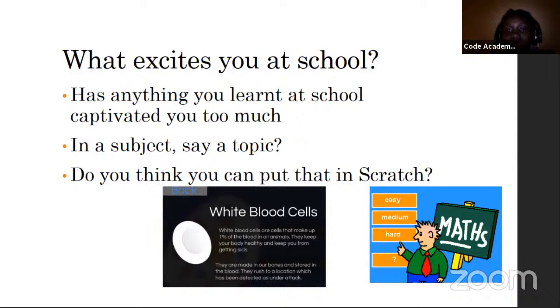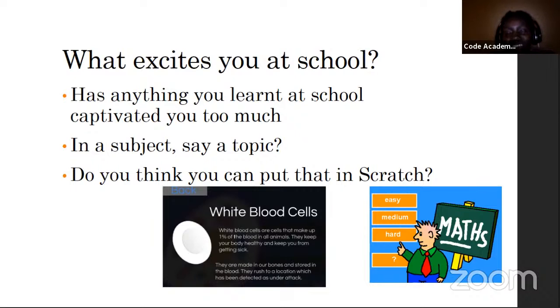Are they going to be confused? Are they going to be lost? Especially in this particular scenario, theme, educate with Scratch, because you're going to be educating people on something. So you have to make sure that they understand, and don't try to overthink things, okay?